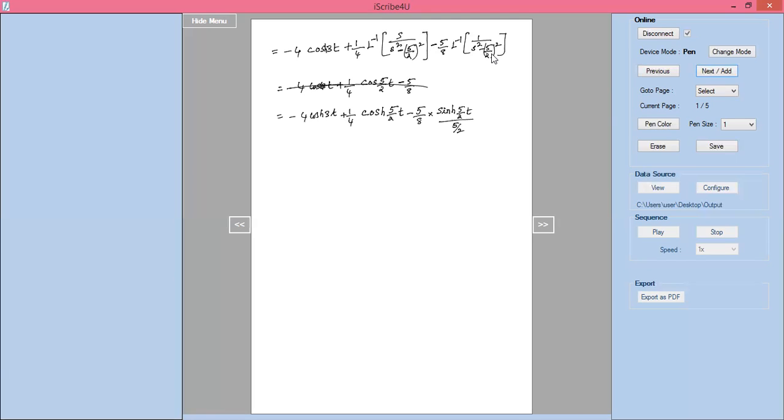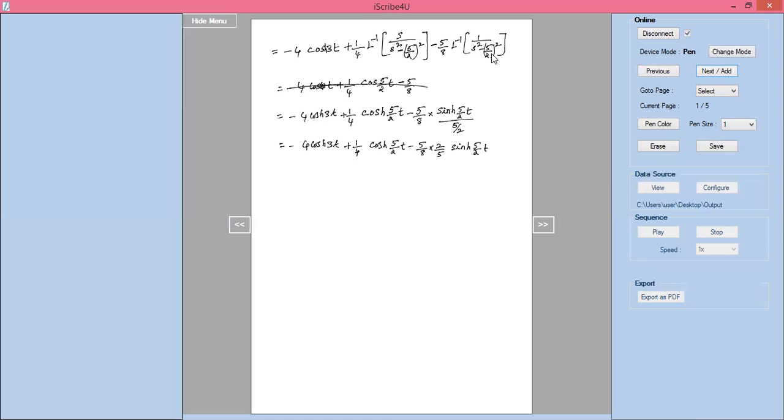a is 5 by 2. Now you write minus 4 into cosh 3t plus 1 by 4 into cosh of 5 by 2t, minus 5 by 8 into 2 by 5 into sinh of 5 by 2t.